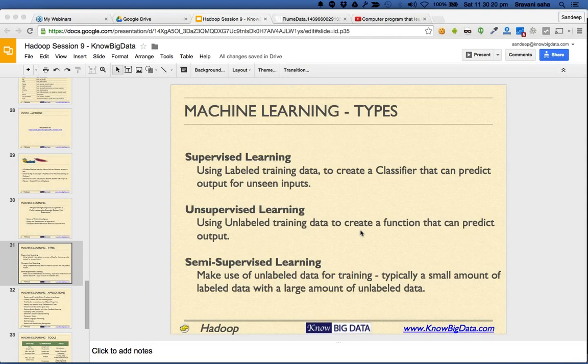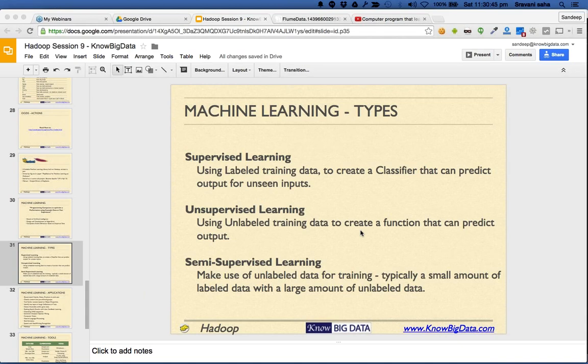Instead we give it the full data and tell it to categorize it. For example, let's say we give the whole list of species of the world to the computer. We tell it that this is a human, humans weigh this much, humans eat this much, humans have 2 ears, and so on.